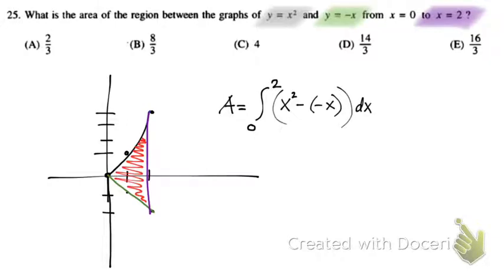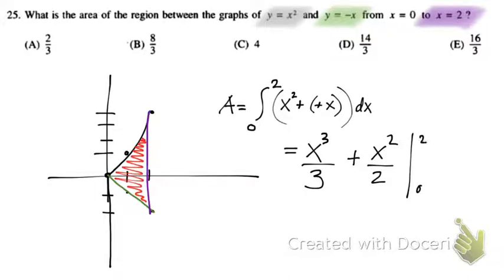So, in this case, because it's in the non-calculator section, it is up to us to take this integral by hand. The integral of x squared is x cubed over 3. Remember, this turns into a plus. So plus x, the integral of x is x squared over 2. We don't need the constant of integration because we are doing a definite integral. So I'm just going to use the fundamental theorem of calculus.